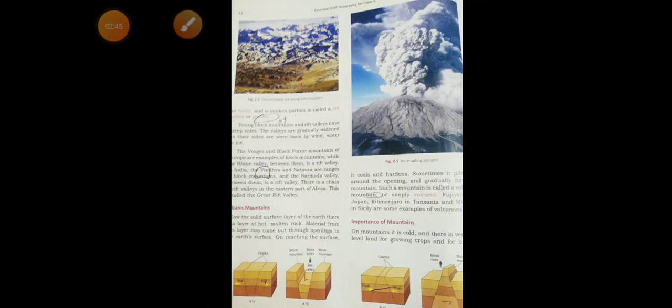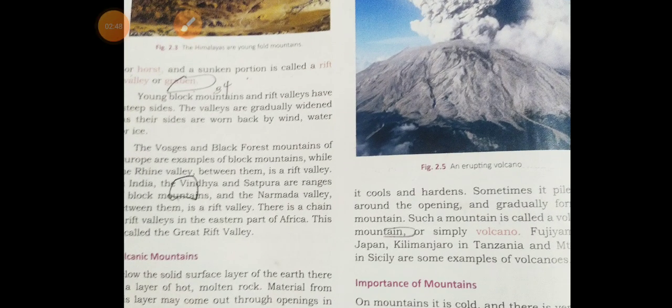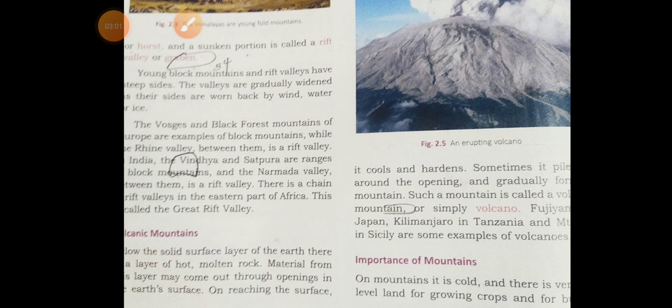And what is a continental plateau? It is formed away from the mountains and surrounded by plains or ocean. And what is a dissected plateau? A plateau that is cut into sections by the valleys of rivers flowing through it. It is called a dissected plateau.